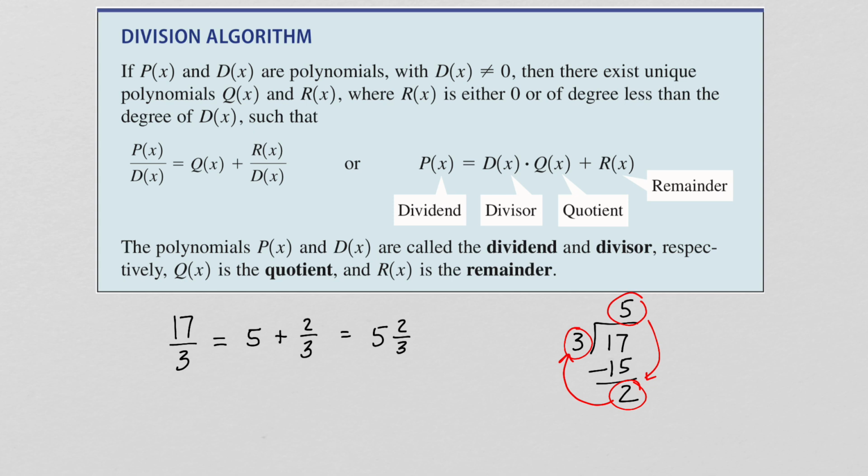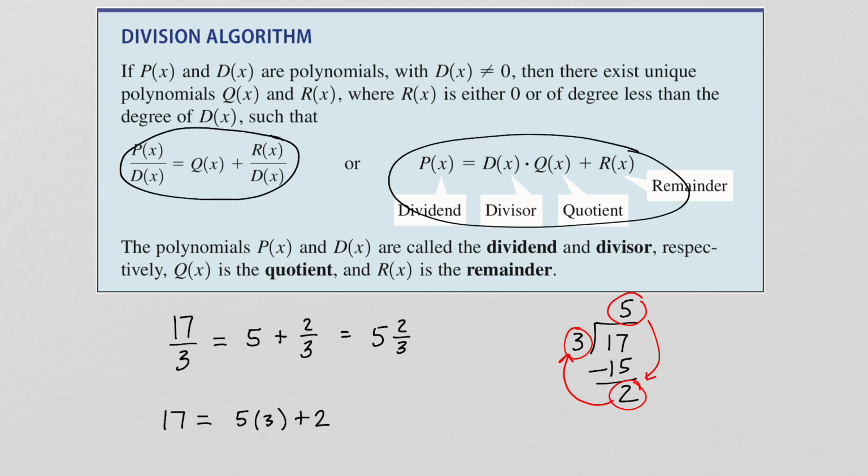But please also realize that we could have said that 17 is equal to 5 times 3 plus 2. So when you look at these representations up above here, we are simply referring to each of the two different ways that we can represent division.